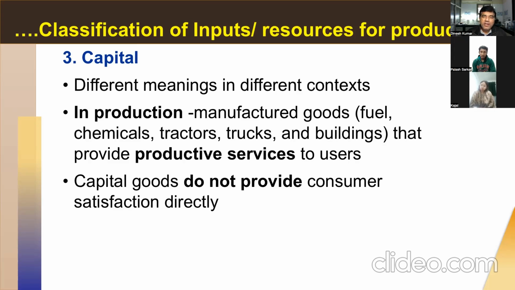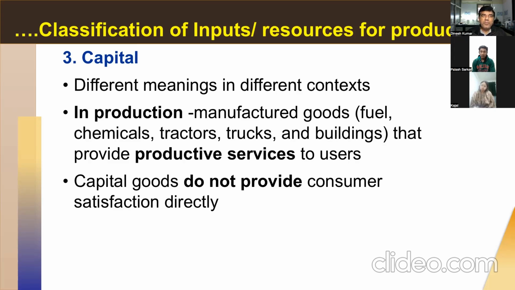Capital can be divided into two: consumable capital and durable capital. Items which are consumed during the production process are your consumable capital, for example seed, fertilizer, chemicals, and water.